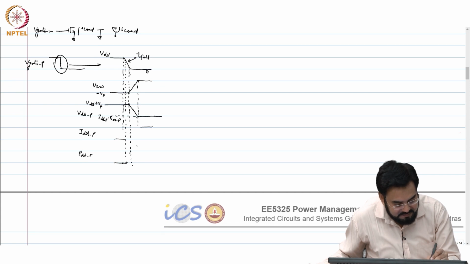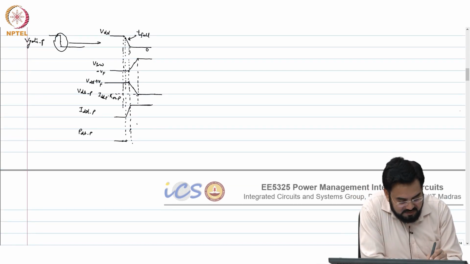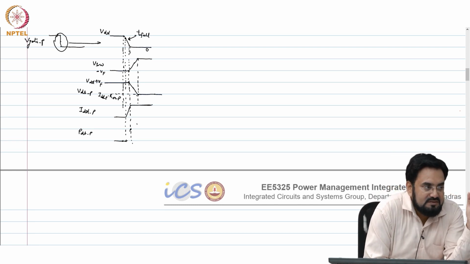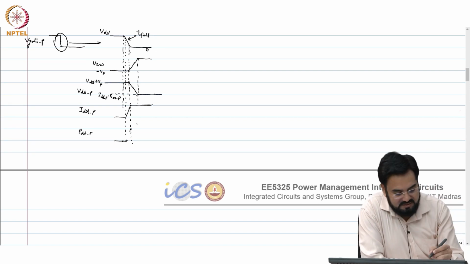So, okay. Now, you have to take the product of the two. So, the point at which you attain the load current, that is where your VDS starts dropping. So, the peak power in the MOSFET will be at that point.